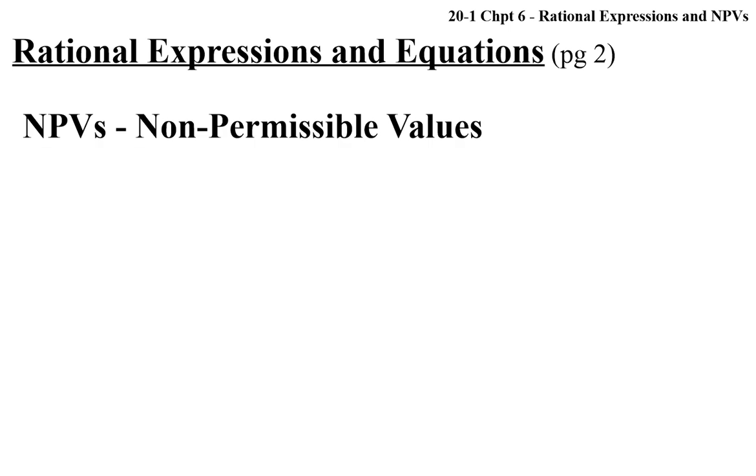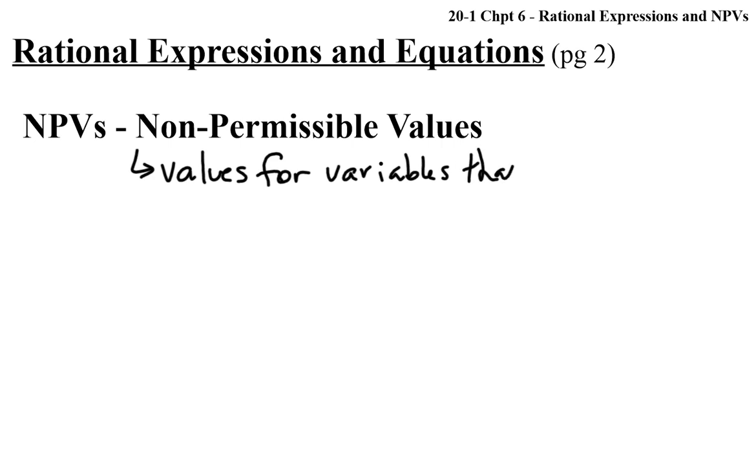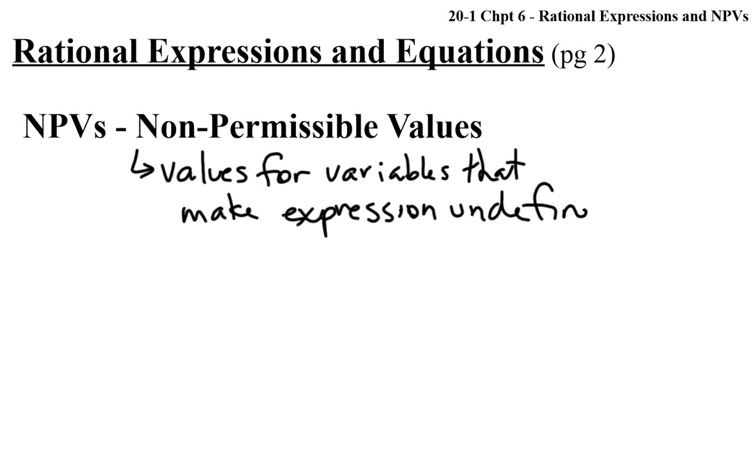We're going to talk about NPVs, non-permissible values. These are values for our variables that make the expression undefined. And undefined means not exist.